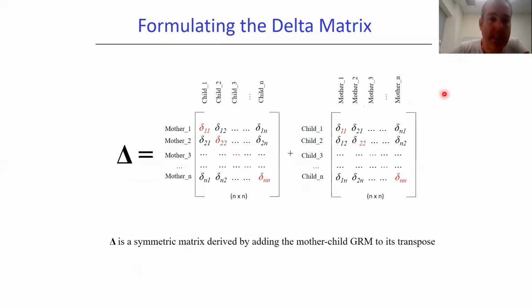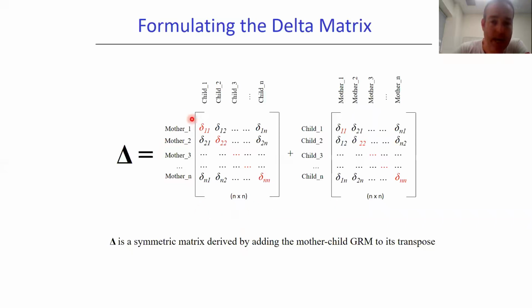So this slide just illustrates how we calculate the delta matrix. We're basically just adding two n by n matrices together. It's literally adding a matrix and then the transpose of the same matrix.